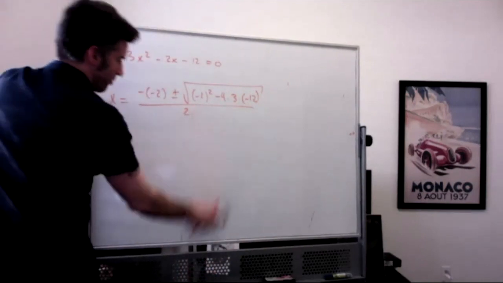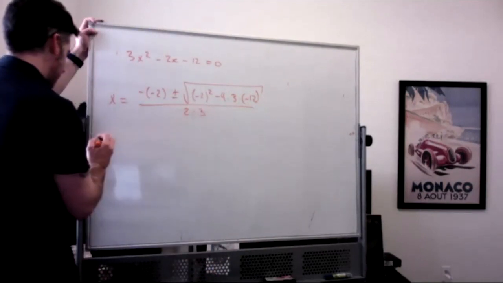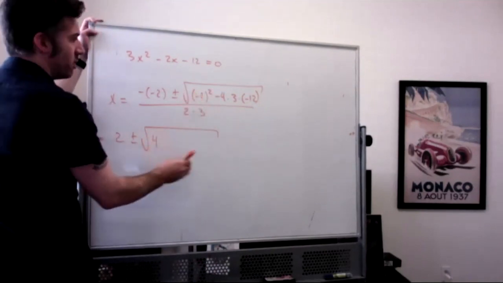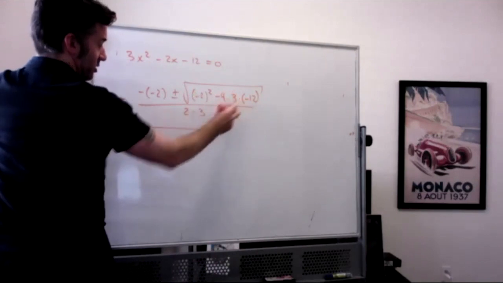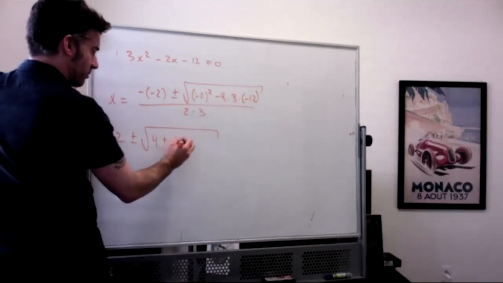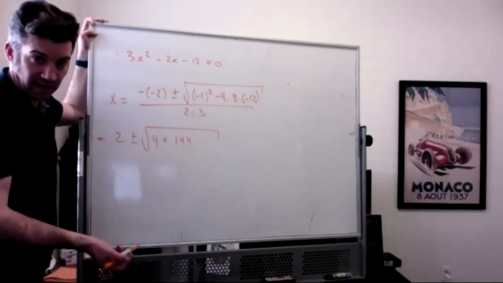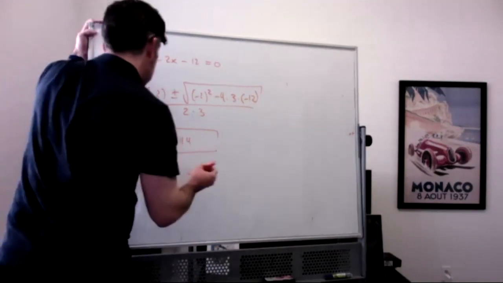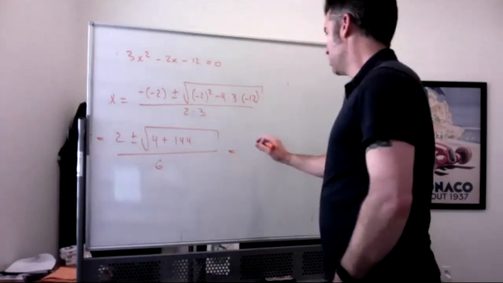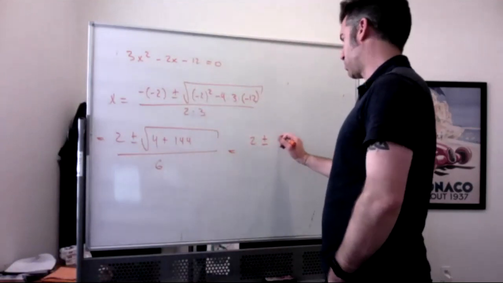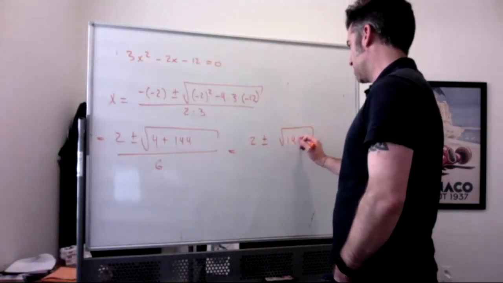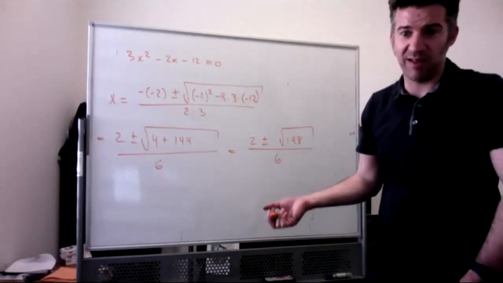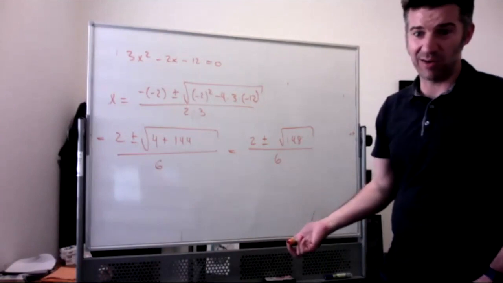I get 2 plus or minus the square root of 4 plus 144, since minus 4 times 3 times minus 12 is plus 144. This is definitely not going to turn out nice. Good thing I didn't spend too much time trying to factor it. All over 6, so this is 2 plus or minus the square root of 148 all over 6. I might be able to simplify that, but I don't care to.